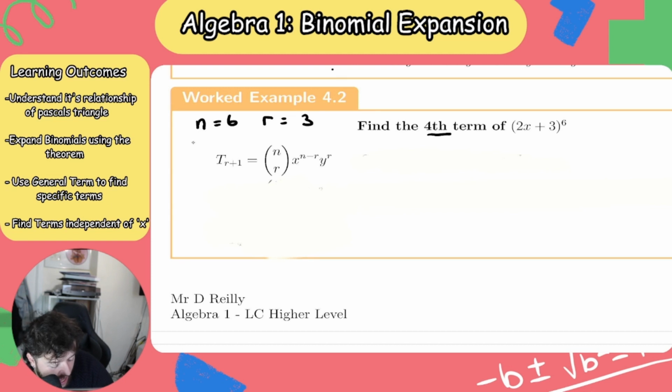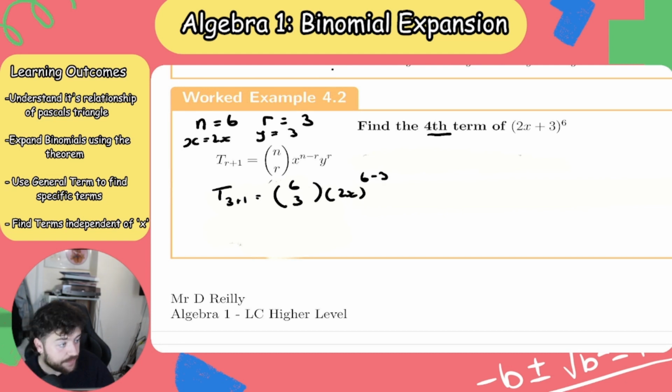Then x is going to equal 2x, y is going to equal 3. So let's sub it in. I have t(3 plus 1) is equal to 6 choose 3, times (2x) to the power of n minus r, so 6 minus 3, times y to the power of r, so y to the power of 3.